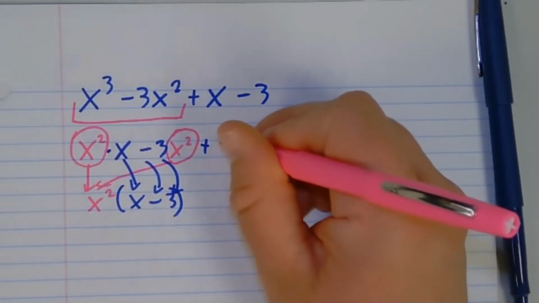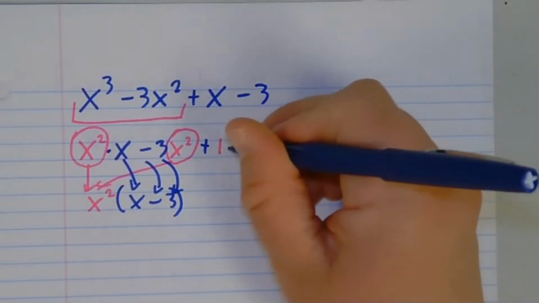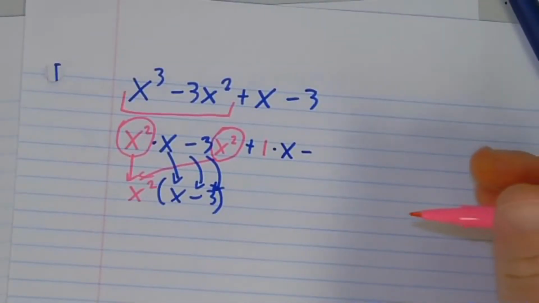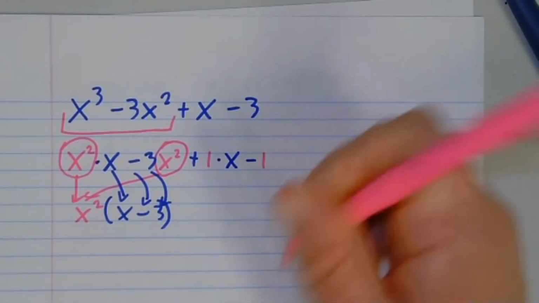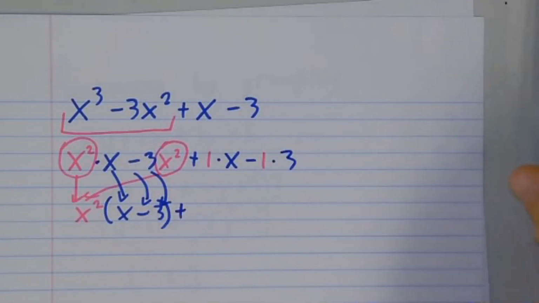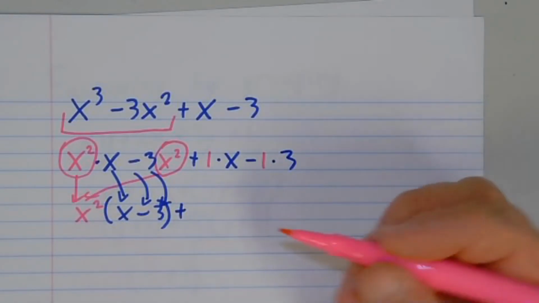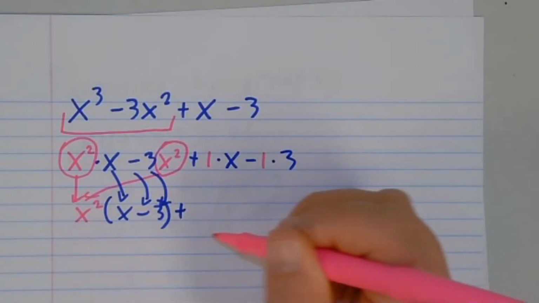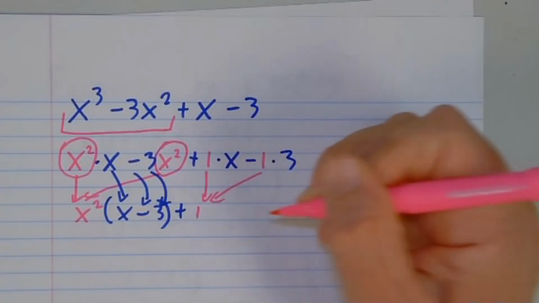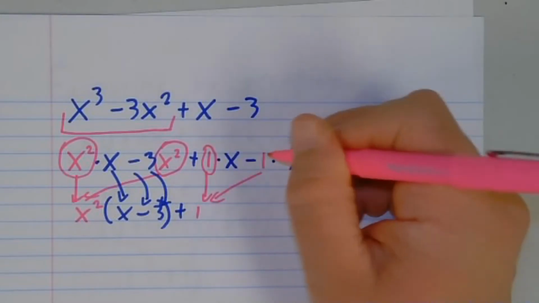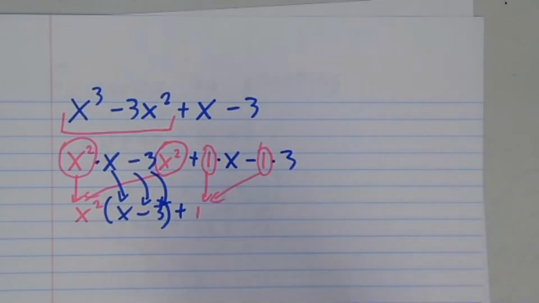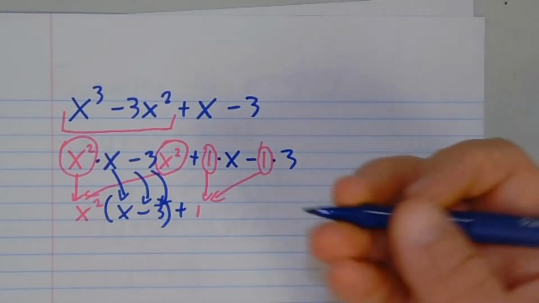This could be 1 times x minus 1 times 3, just because I'm going to want that placeholder 1, because I'm going to need to be able to factor this out of 2 different things in this step. So I factor the 1 out, because multiplying by 1 doesn't change anything. So I could always factor a 1 out. It's just the vast majority of the time that isn't actually helpful.